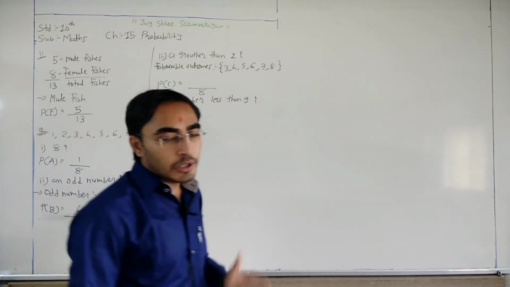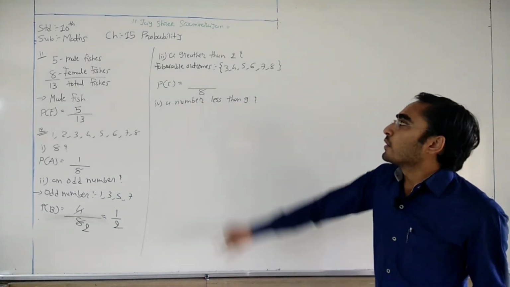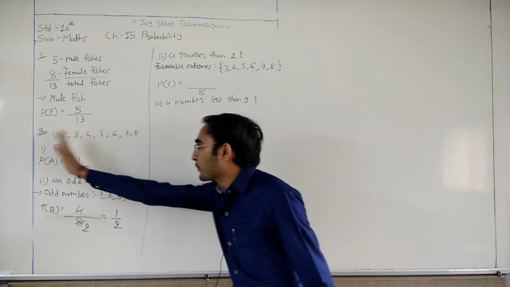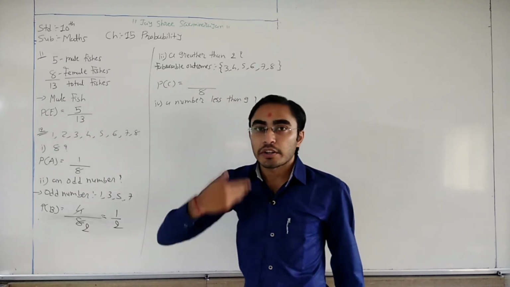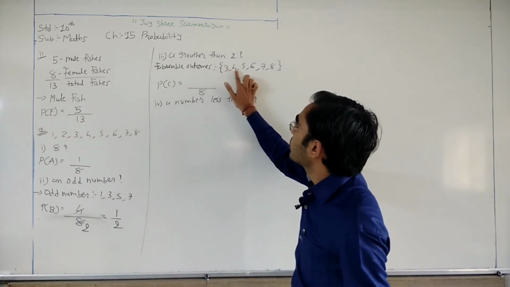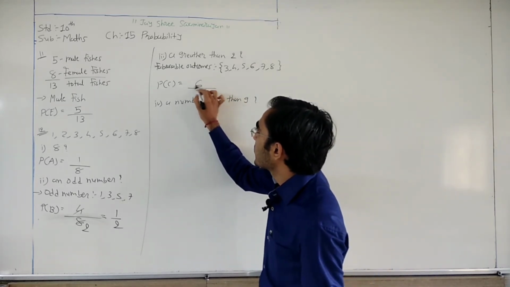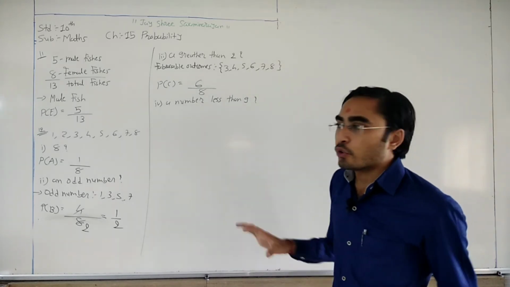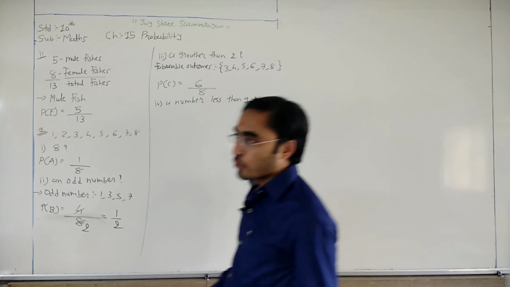Just check all these numbers. Total how many numbers are greater than 2? 1, 2, 3, 4, 5, 6. Total 6 numbers, which are 3, 4, 5, 6, 7, 8.